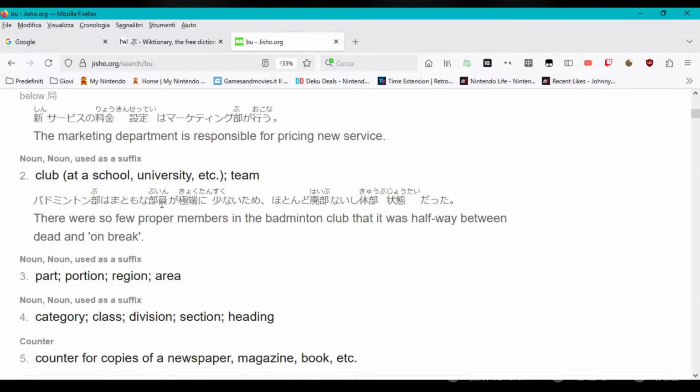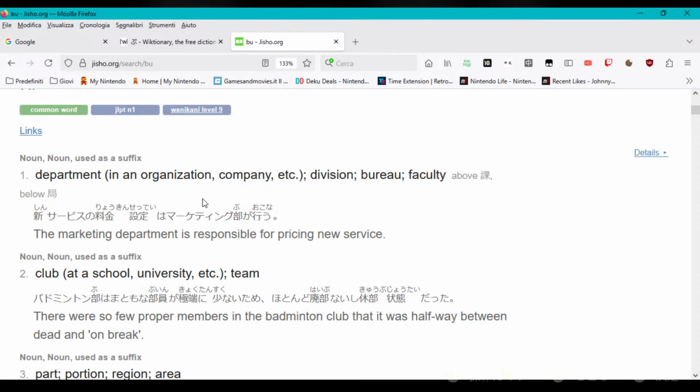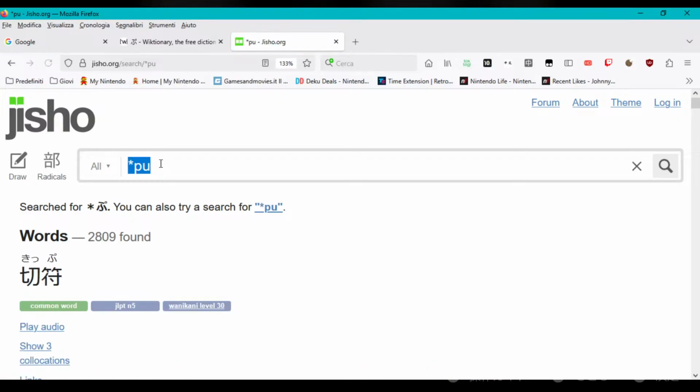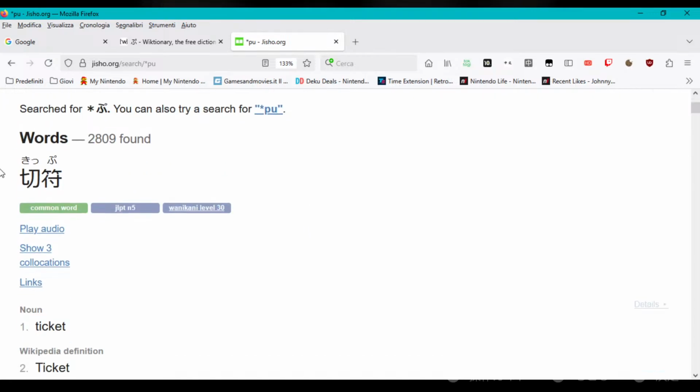Oh well, we'll see it when the time comes, but just to have an example of a word with pu. And then again with pu. Oh yes, we can see. No, let's do it this way, because again, pu comes out with, yeah, for example, this word.